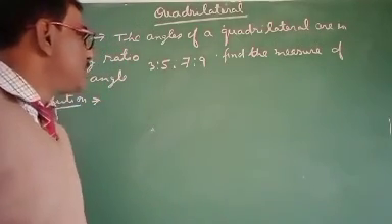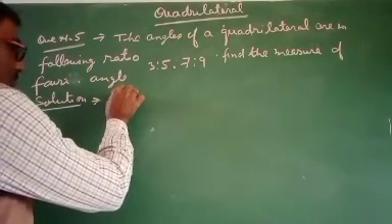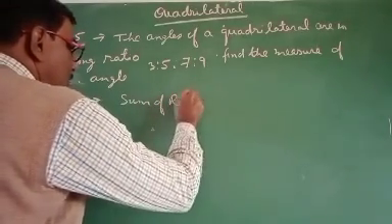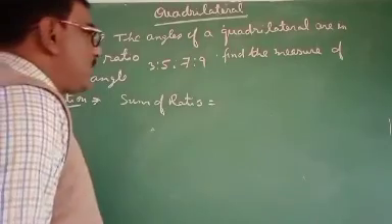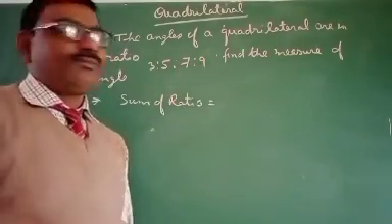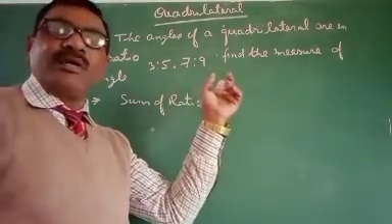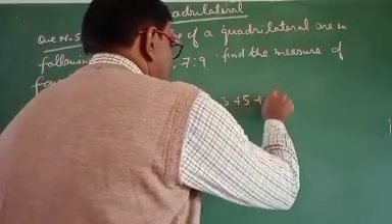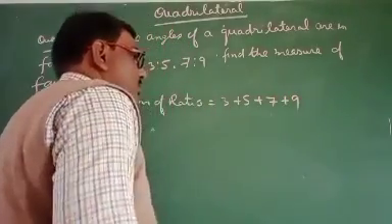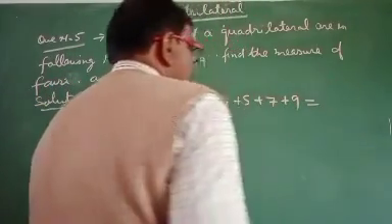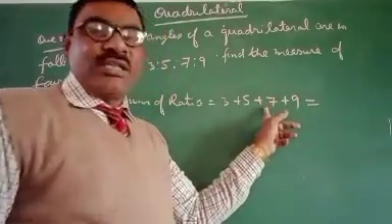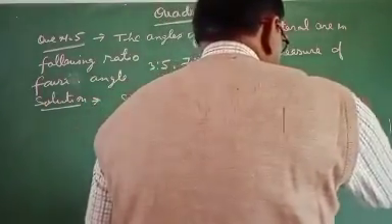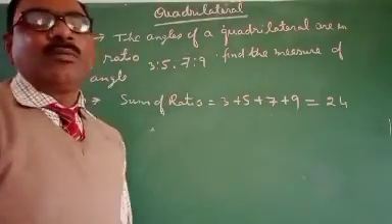Sum of ratio equals 3 plus 5 plus 7 plus 9. 9 plus 7 is 16, 16 plus 5 is 21, 21 plus 3 is 24. Sum of ratio equals 24.